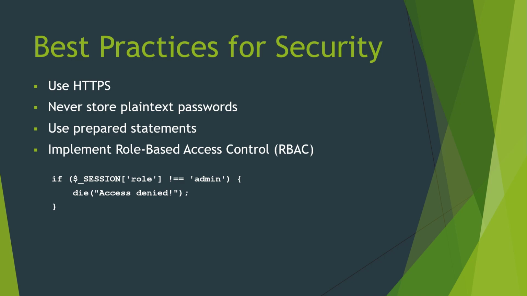Never store plain text passwords. We've talked about that. So always hash passwords using that password_hash built-in function. Use prepared statements. Again, this is going to prevent SQL injections by using that question mark placeholder in the SQL queries. And then we always want to implement role-based access control.